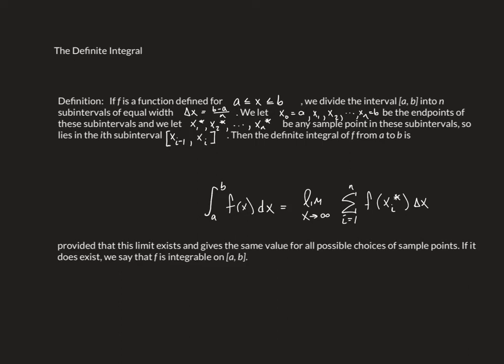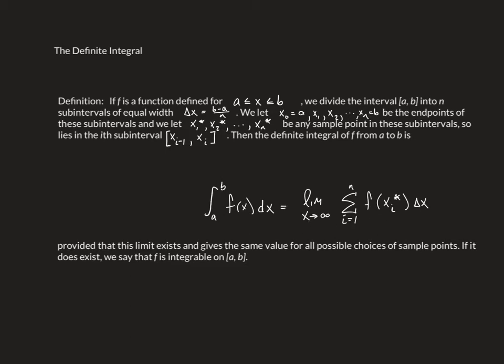We discussed the idea that if I take the area of these rectangles that have a height of f of x sub i star, or whatever value within these subintervals we choose to represent the height of each rectangle, times the width of each rectangle, which is all the same, and we add up an infinite number of these rectangles, from the first rectangle all the way up to the largest number that we can calculate, and beyond that even theoretically, what we're doing is taking the limit as that number of rectangles approaches infinity. And that's going to get us closer and closer to the actual area under the curve until theoretically we have that exact area.